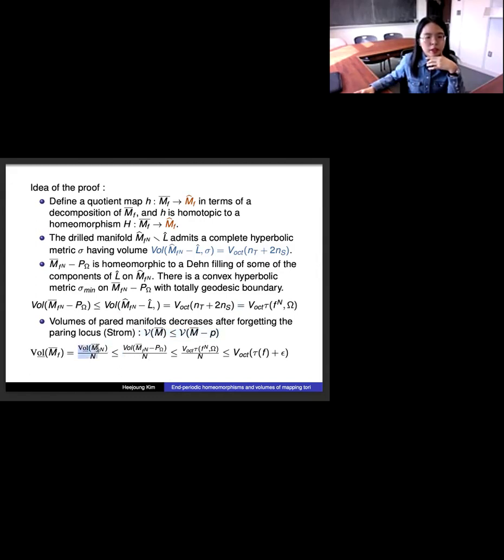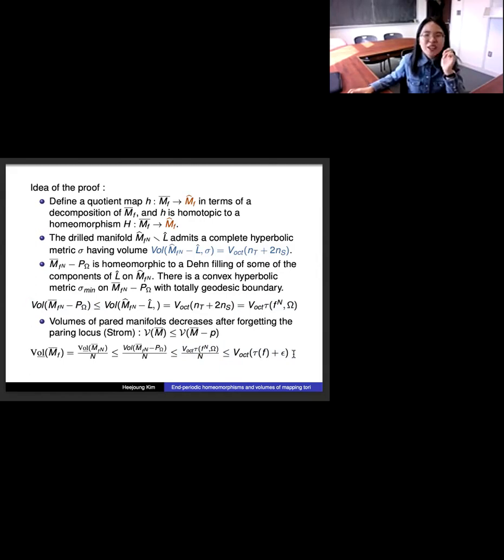So we forget the pairing locus, then the volume is increasing, and so from this inequality we use this here.